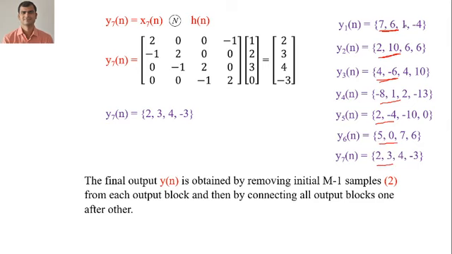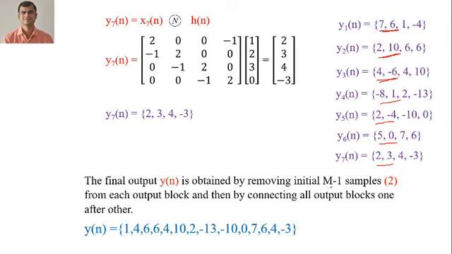That means the output y of n is 1 minus 4 6 6 4 10 2 minus 13 minus 10 0 7 6 4 minus 3. So we'll get the output like this, y of n, as we have removed the initial m minus 1 samples. If the value of m minus 1 were 3, we would remove 3 samples. If it is 1, we would remove 1 sample.